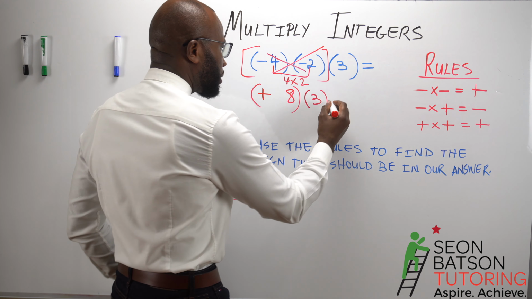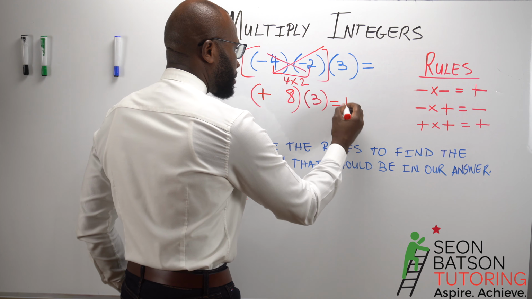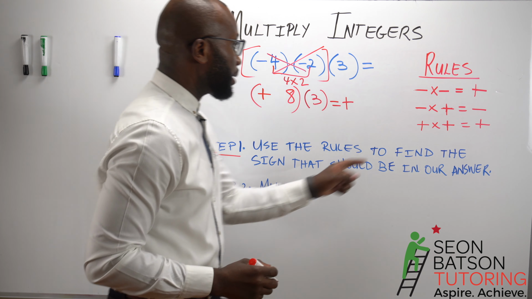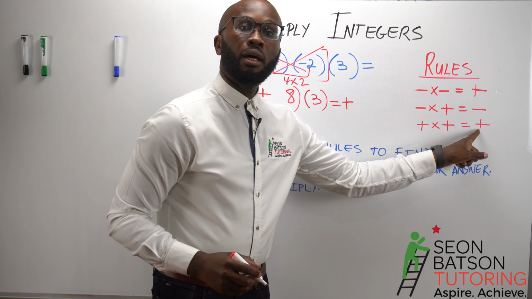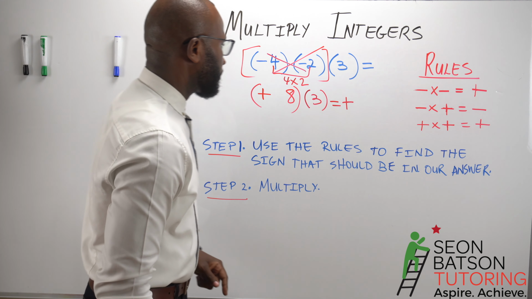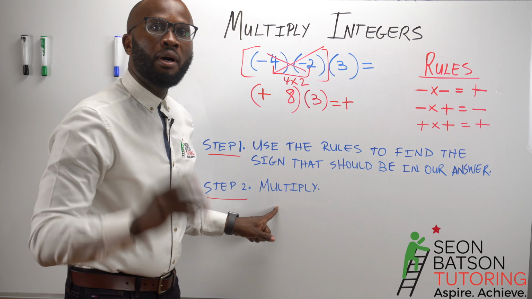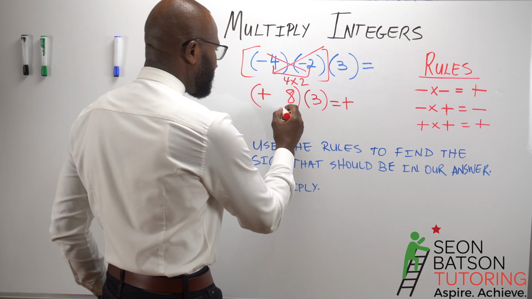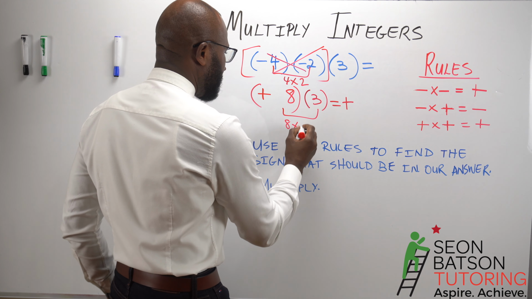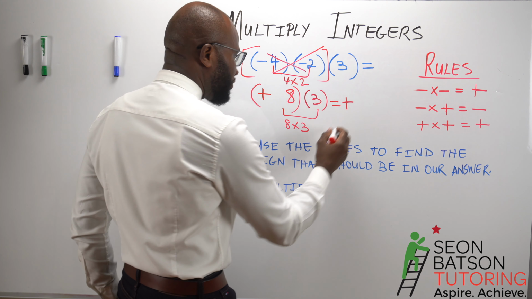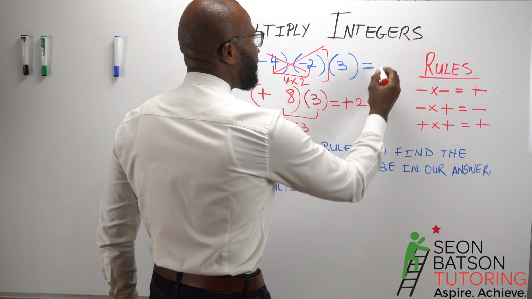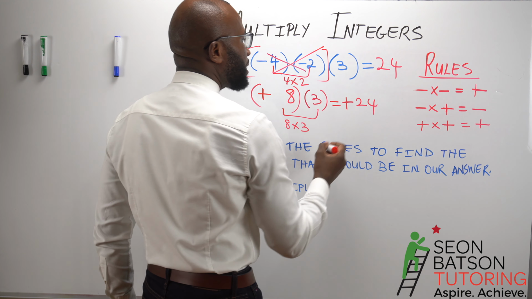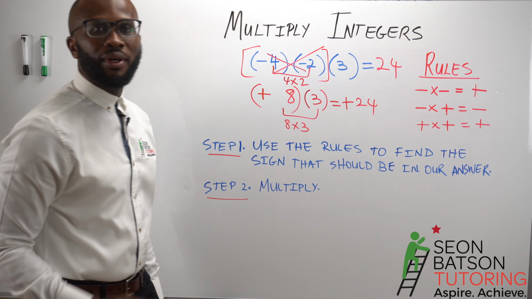So step 1, we're going to put back the positive sign, because if we are multiplying a positive by a positive, our answer should be positive. Then step 2, we are going to multiply. What is 8 times 3? 24. Very good. So our final answer here will be positive 24, or 24.